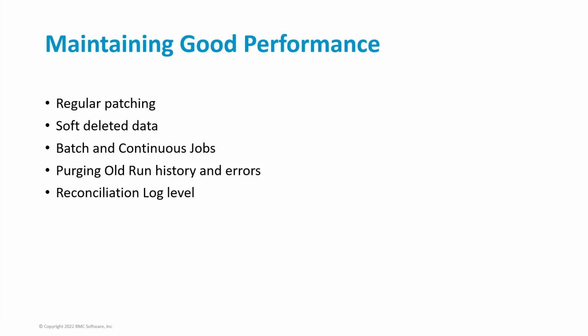RE delete pre-run failure info removes all the old data after any reconciliation job finishes. NE delete pre-run failure info removes all the old data after any normalization job finishes. However, if the CI data errors are not fixed, this can lead to a build-up of the records. For example, you have thousands of records per run and cause potential performance issues. I will talk about common errors and how to fix these at a later point.